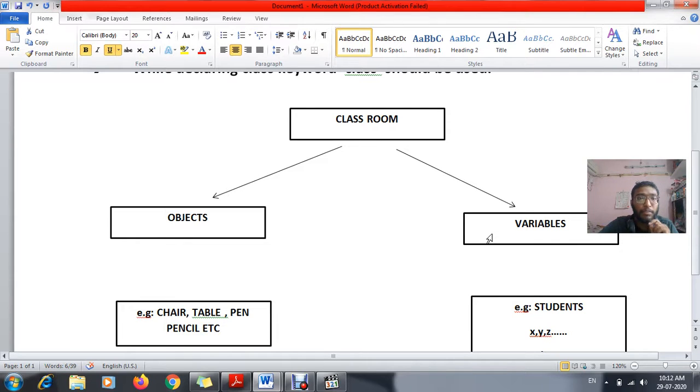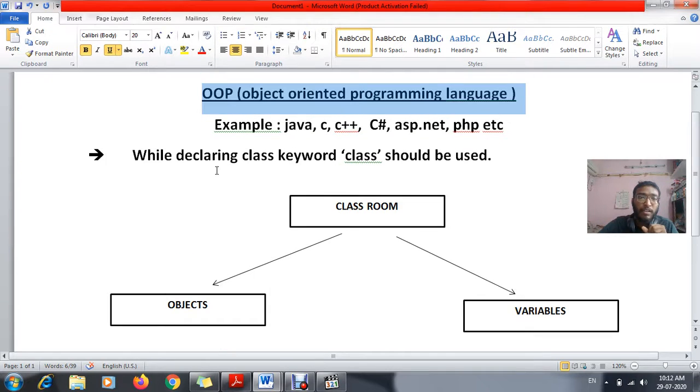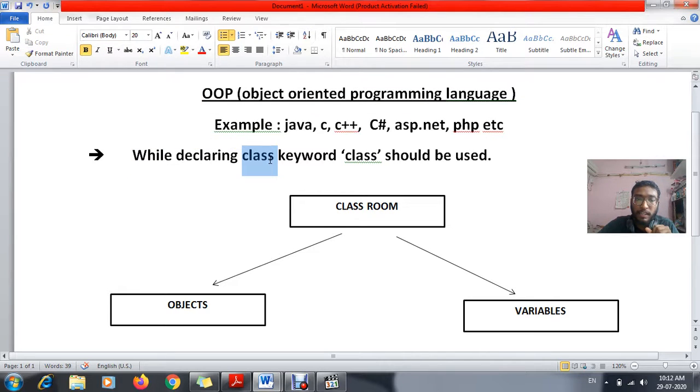This personal distinction is known as your methods. Always remember, while declaring a class, the class keyword should be used. Then only it will be complete. This was today's topic. Again, we will be doing a revision.